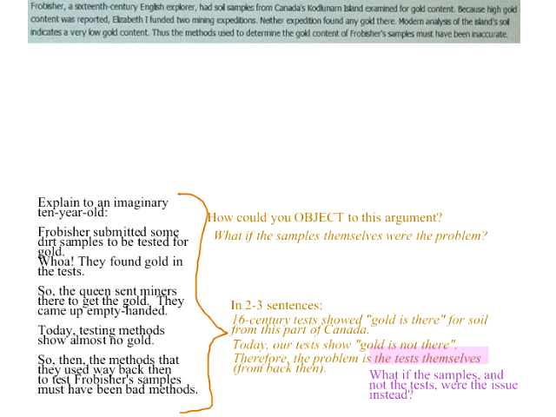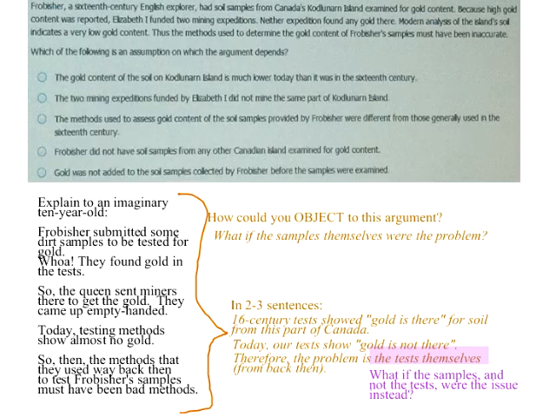So there could have been a lot of things wrong with the samples. What if they were contaminated? Like, what if they stored them? Because remember, this Frobisher guy had to come all the way back from northern Canada to England with these things. So what if they sat next to gold on the boat and got contaminated? Or what if he put gold in there on purpose? Or whatever it was, right? But there's a lot of reasons this could have happened.